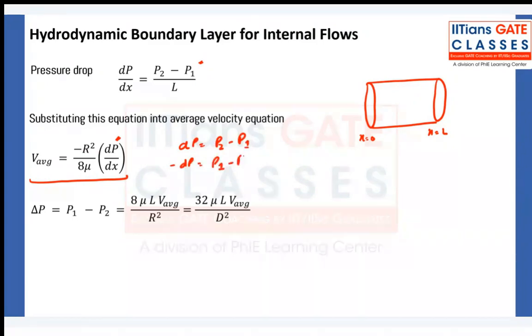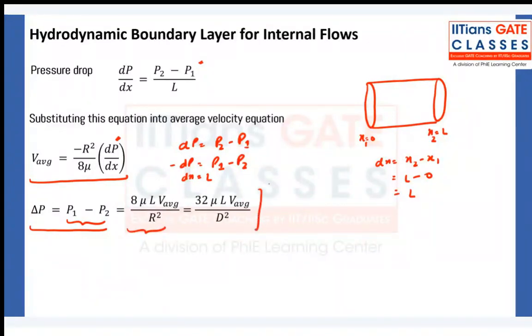So I can calculate p1 minus p2 with V average, and dx equals L. dx is equal to x2 minus x1, this is x1, this is x2, so it is L minus 0, which equals L. Now I can put it here, and calculate my p1 minus p2 as 8 mu L V average by R square. And if I replace R by D, then I get 32 mu L V average by D square. I'm hoping you have seen this formula in fluid mechanics.